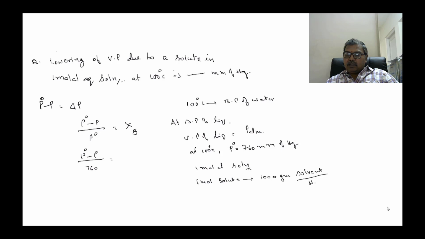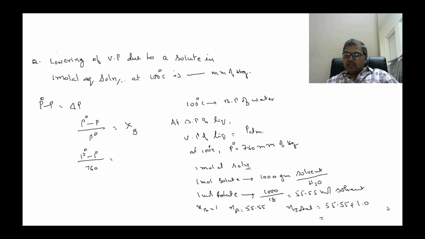Here the solvent is water, so 1 mole of solute is in 1000 grams by 18, that is 55.55 moles of solvent. Therefore, the number of moles of solute is 1, the number of moles of solvent is 55.55, and the total number of moles is 55.55 plus 1.0, which is 56.55.